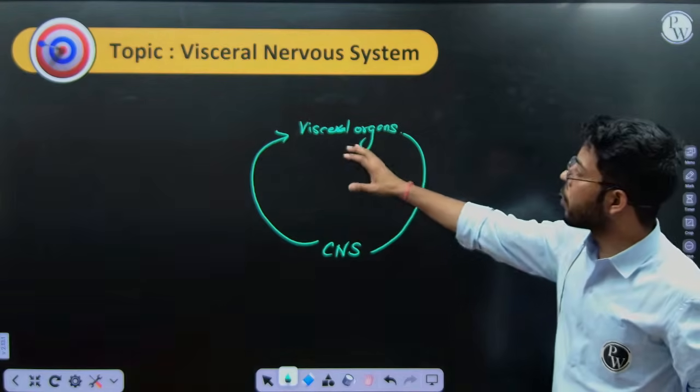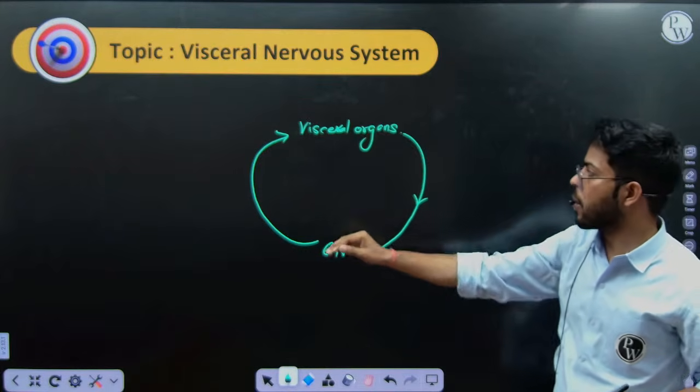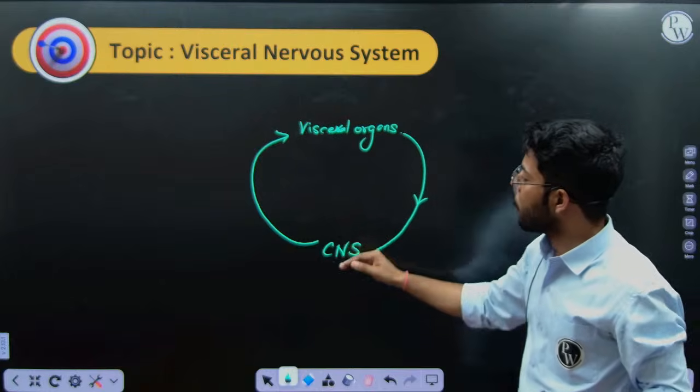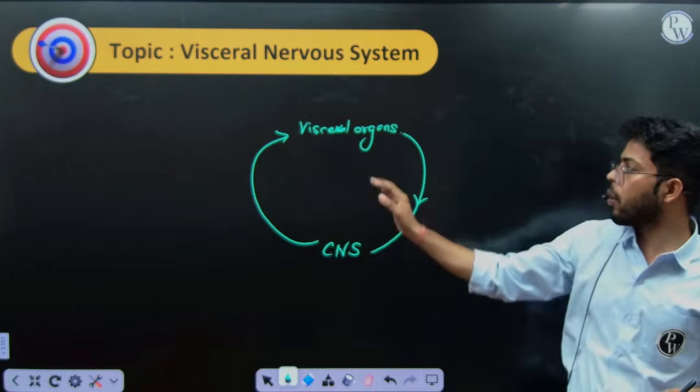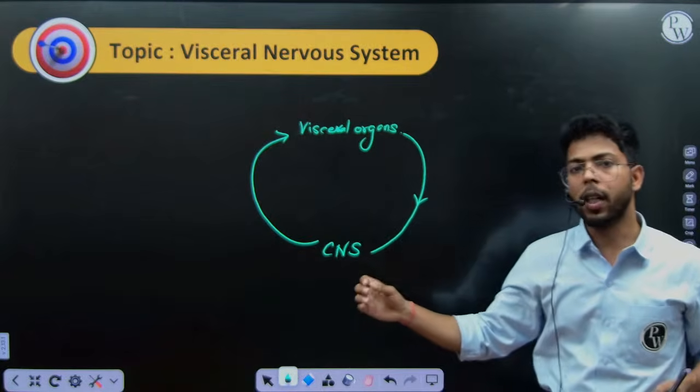So you do not have to be confused about the visceral and the autonomic nervous system. Visceral organs receive signals from the CNS and also transmit to the CNS, but the autonomic nervous system has only motor nerve fibers.